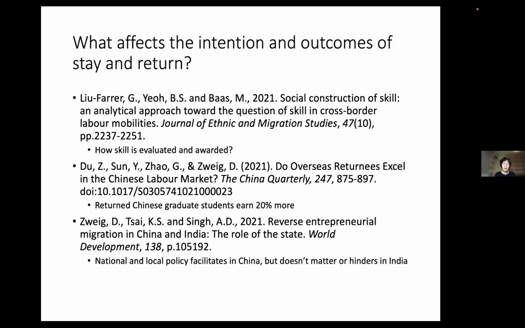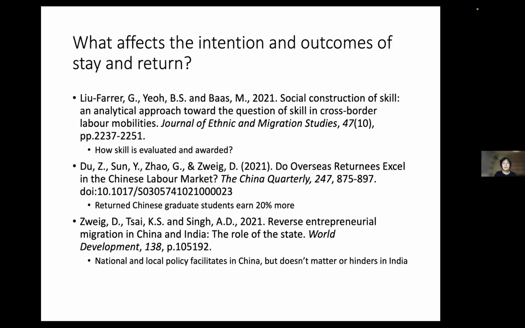Because the problem is, even if you get a good education, you might not turn your human capital into career outcomes in your destination countries. There are all kinds of reasons. So we wrote about the different reasons, including the arbitrators who decide what skill is important, and different dynamics involved in the social construction of skill. If you're interested, you can take a look.